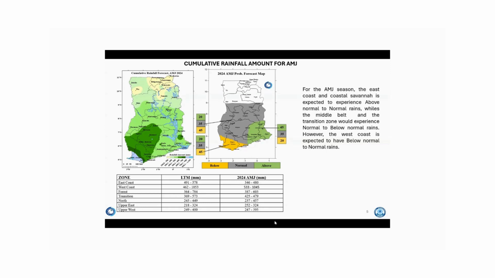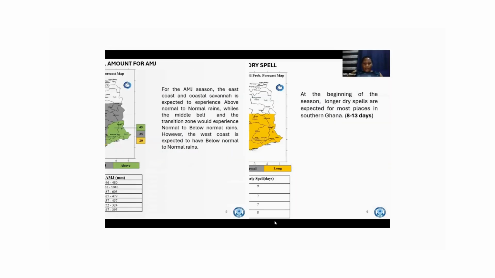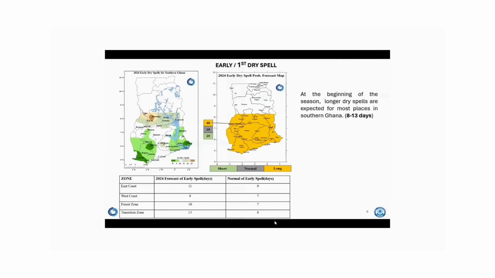So we expect that they will pick up. Within the transition 425 to 479, the north 237 to 457, upper east 252 to 324, upper west 247 to 395. Okay. Wow.